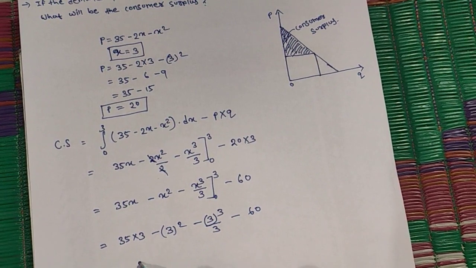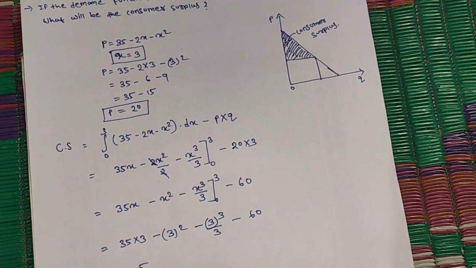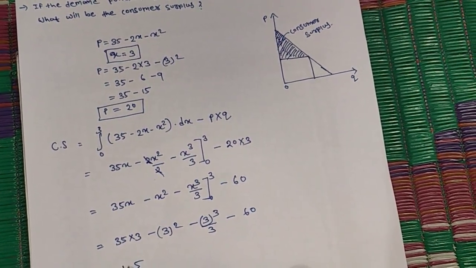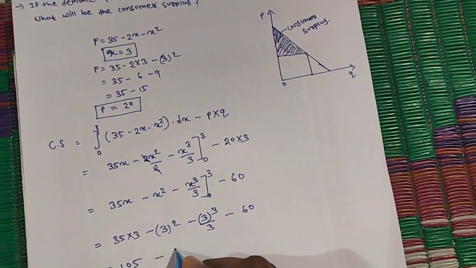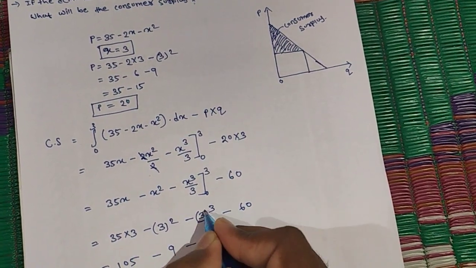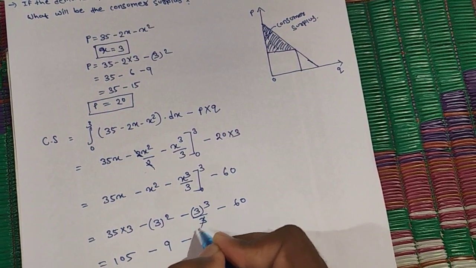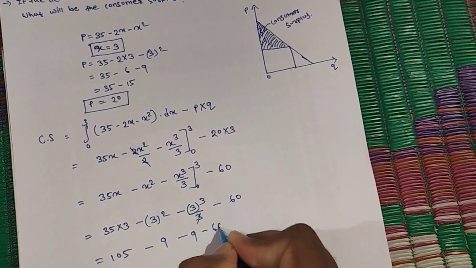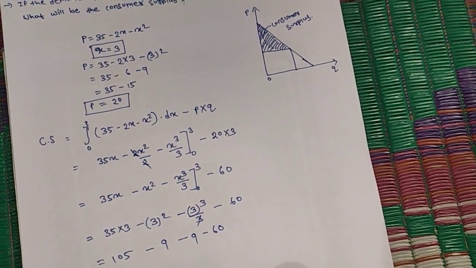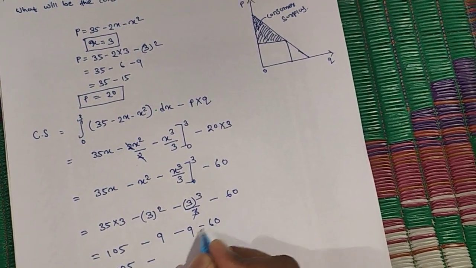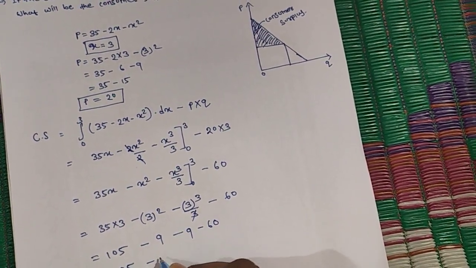Now 5 threes are 15, 3 threes are 9, that is 105 minus 9 minus, here 3 cancels with 3, now 3 square is 9, minus 60. 105 minus 60 minus 18.